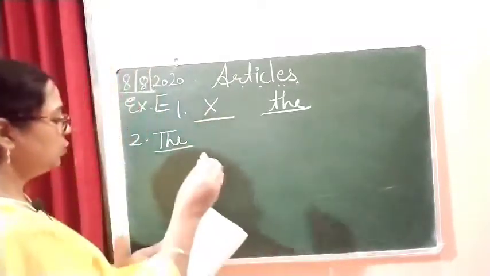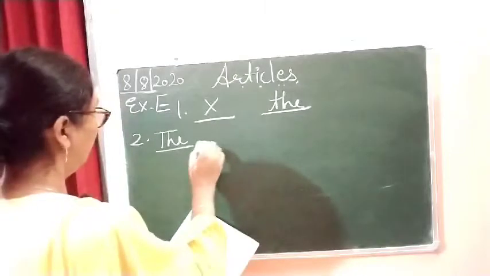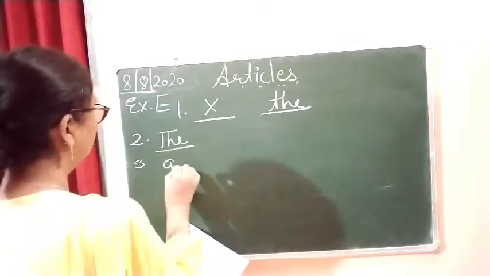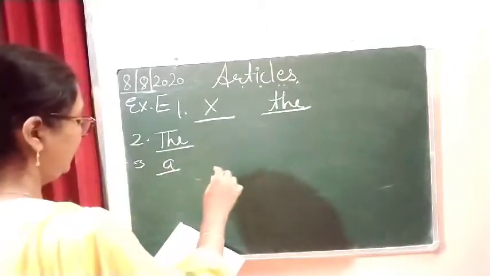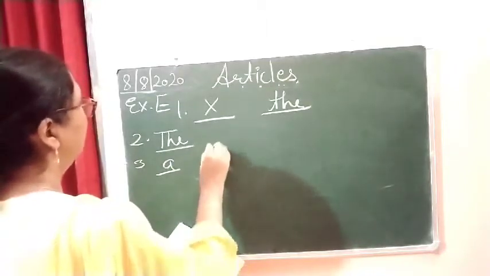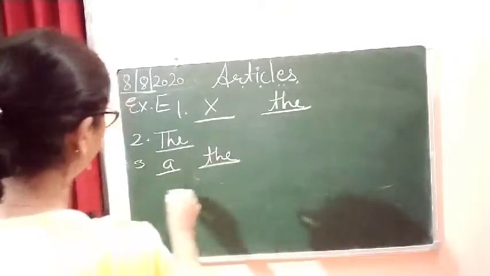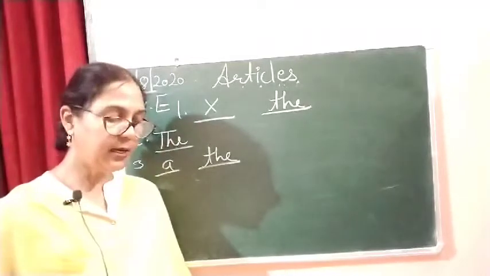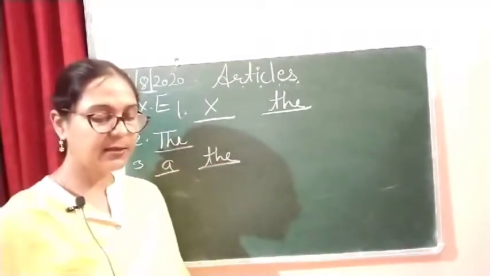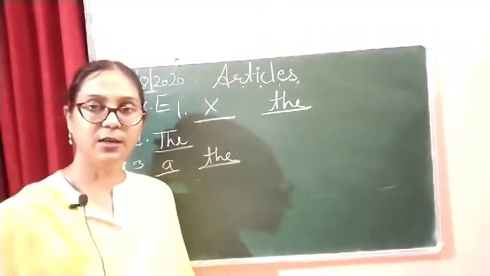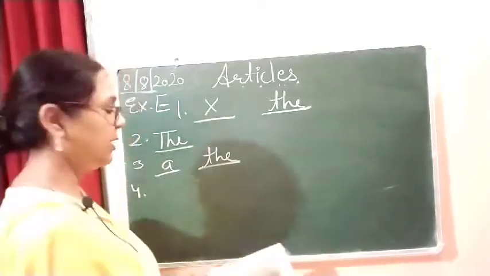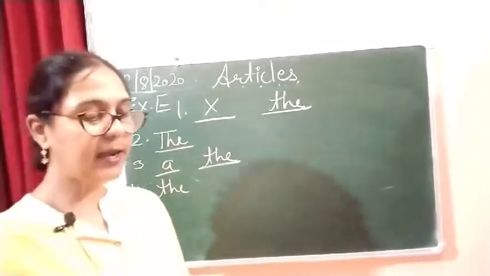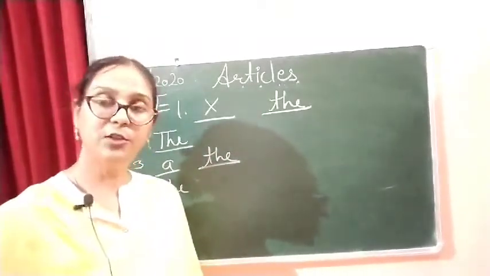So in third number, there was not a star in the sky. Now fourth, Andaman and Nicobar Island is dash union territory. Andaman and Nicobar Island is the union territory.